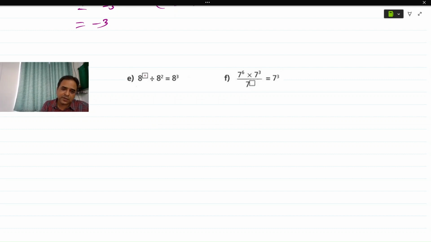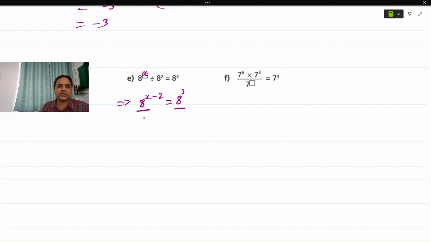But if numbers are different, it is a bit complicated. How will you do that? You can take it as x. So here 8 to the power x minus 2 is equal to 8 to the power 3. You know that this base is same, and if these terms are equal, that means their powers are also equal if their base is same.